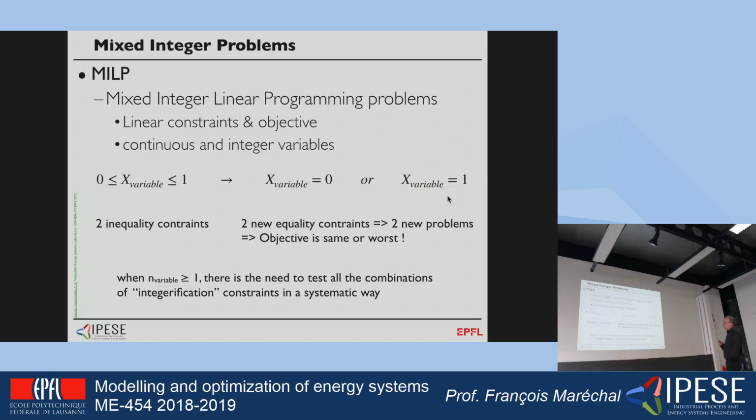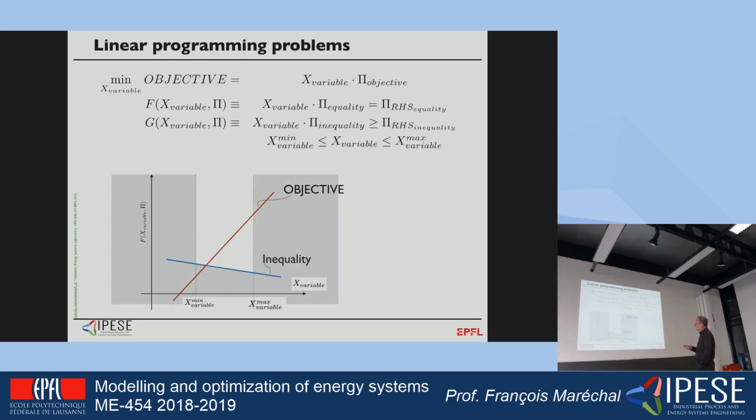Okay? So in this case, in fact, I have to some extent two problems. Do I have to choose between 0 or 1? Compared to this problem where I have only to choose what is the value between 0 and 1. And what I have seen here is that the value can be in between.